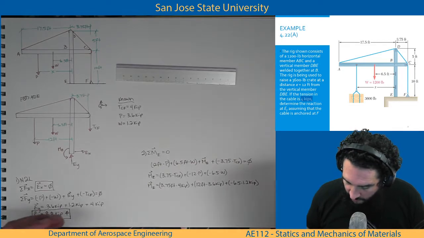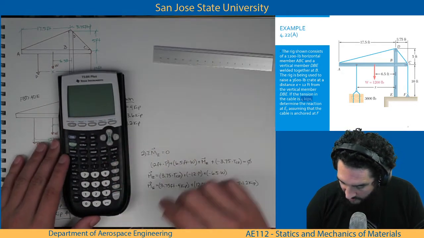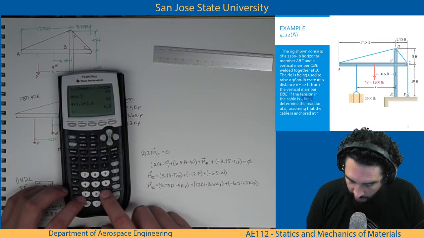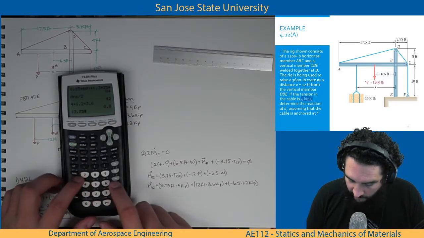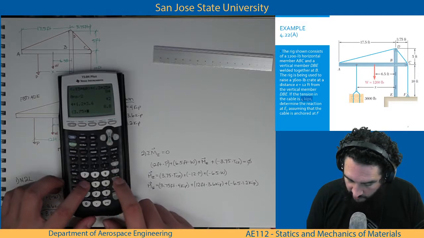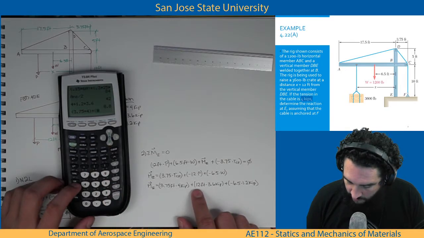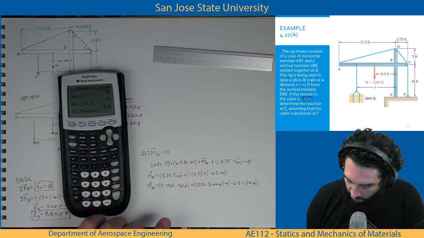Okay, let's solve for this. Let's calculate. 3.75 times 4, plus, I'm missing a negative there.